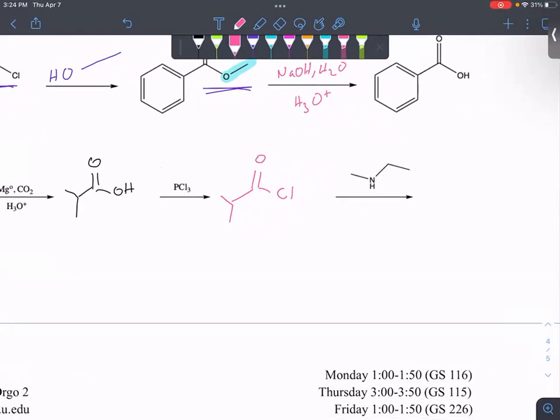So now we have an acid chloride, pretty reactive, nice leaving group. We just take the amine, attack the carbonyl, chlorine leaves, and then you get an amide.